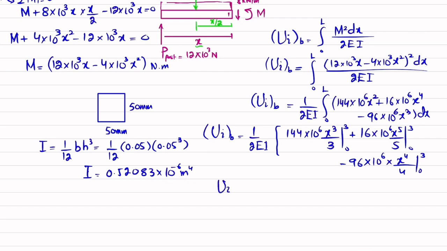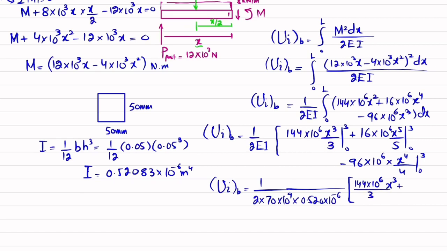Now you have all the values, so you can just put it: 1 over 2 multiplied by E, which is 70 gigapascal, 70 into 10 to the power 9, multiplied by 0.520 into 10 to the power minus 6, multiplied by all these values: 144 into 10 to the power 6 x cube divided by 3 plus 16 into 10 to the power 6 x^5 divided by 5, limit from 0 to 3, plus minus 96 into 10 to the power 6 x^4 divided by 4, limit from 0 to 3.